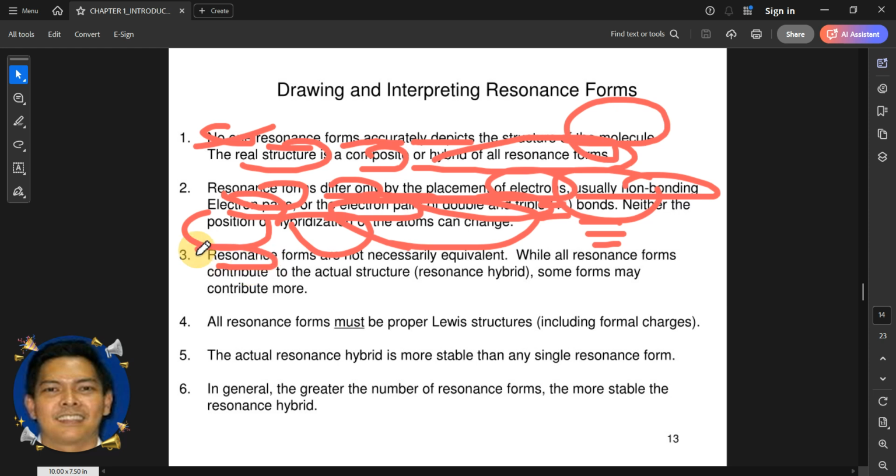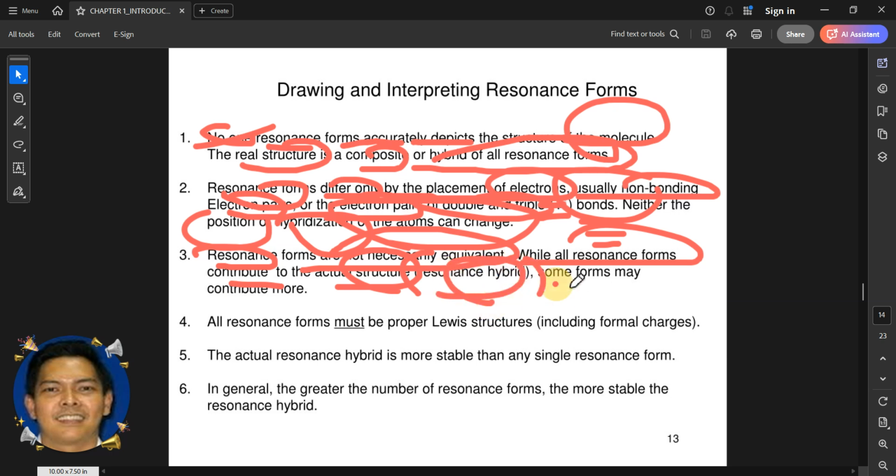Neither the position nor the hybridization of the atoms can change. The resonance forms are not necessarily equivalent. While all resonance forms contribute to the actual structure, which is the resonance hybrid, some forms may contribute more. All resonance forms must be properly structured, including representing the formal charges.